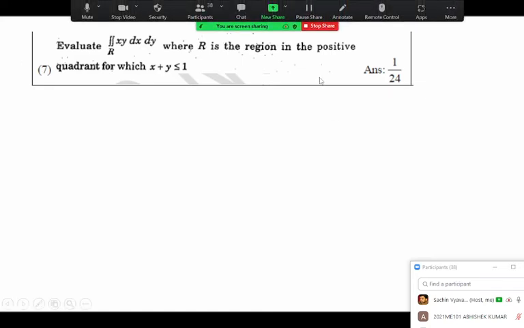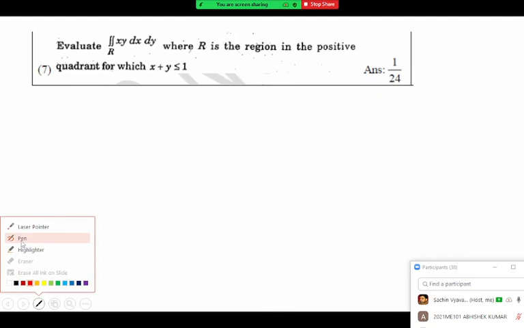Our aim is to evaluate the double integral over some region R, and that R is a region in the first quadrant where x plus y is less than or equal to 1. Let me first draw the region of integration, then it becomes more clear. Take a rough x and y axis so that we can draw these curves.